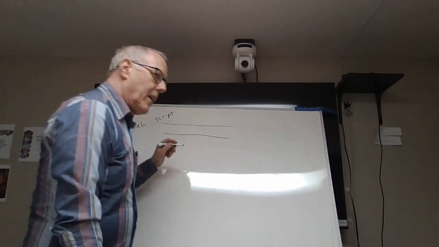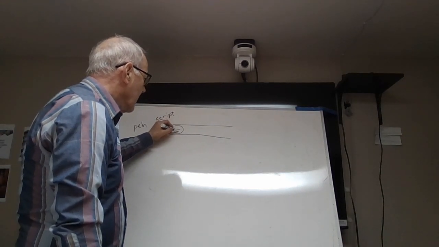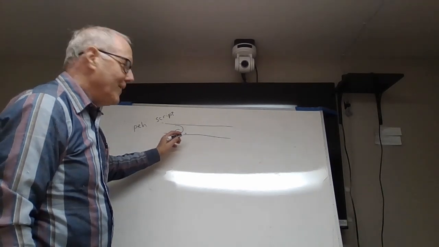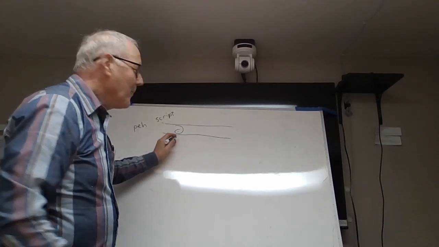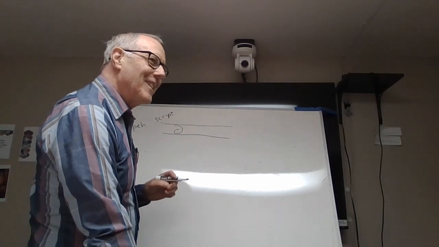If we were writing it in script, it would go like this. It's kind of like the nose of a person who's facing to the right. Pay. The nose, a cartoon nose with a nostril.